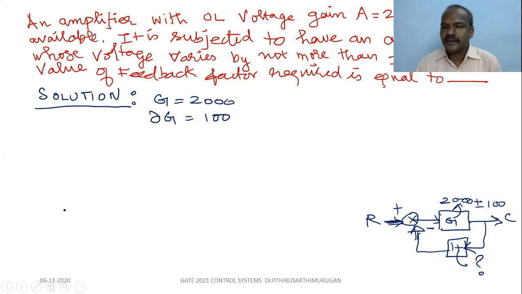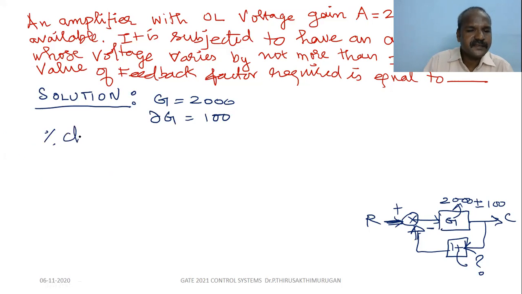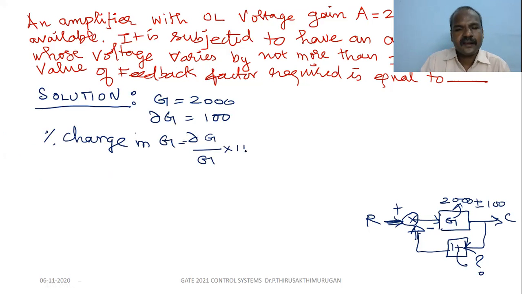So the percentage change in G is ∂G by G into 100.